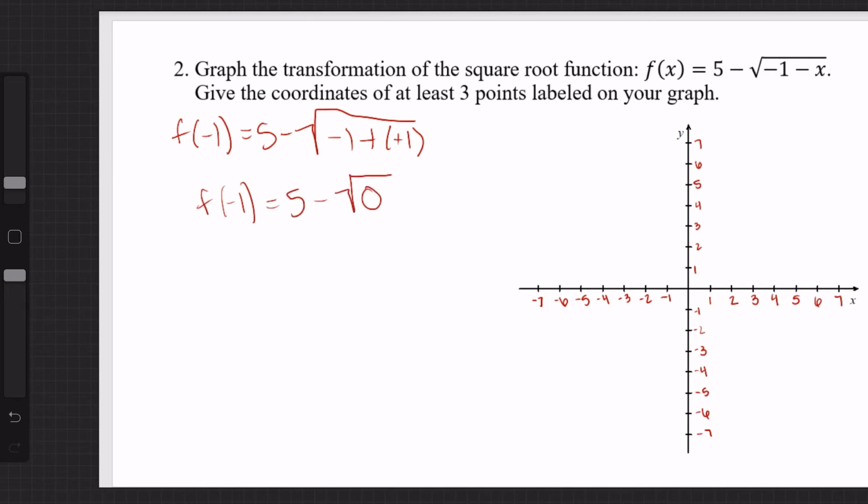We'll rewrite that as 0. So then f(-1) = 5 - 0, which gives us f(-1) = 5. So now we have 1 point, which is (-1, 5).